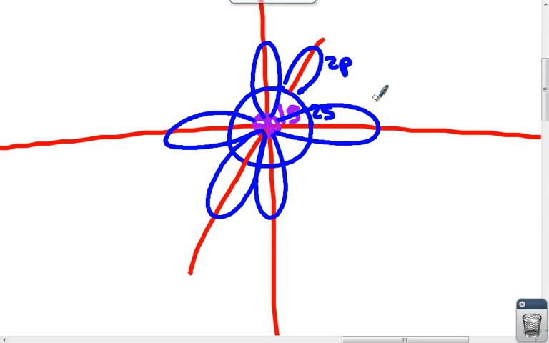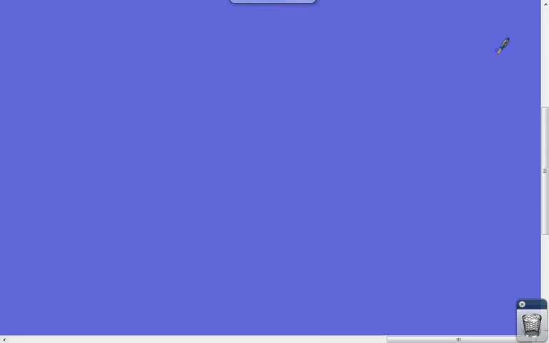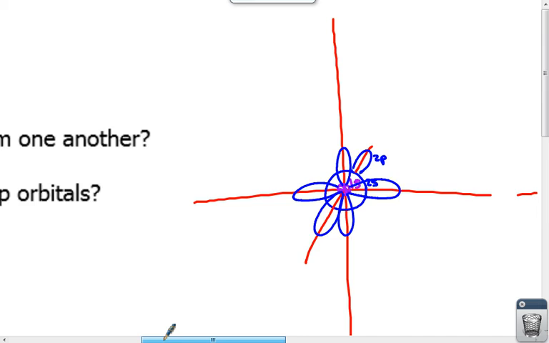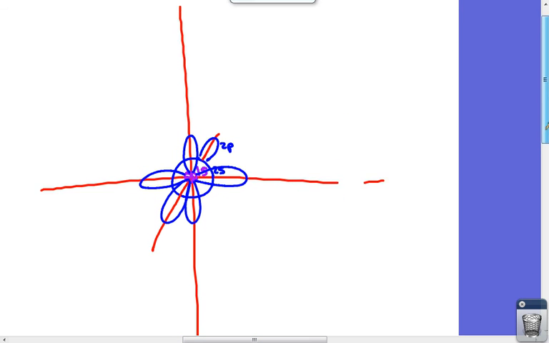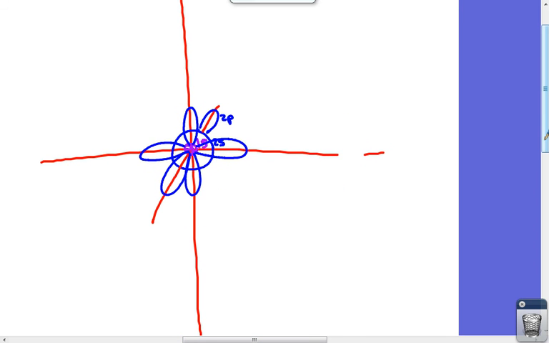Well, there's not much space in between these lobes. Let's zoom out, though. Oh, where'd it go? There it is, look! So as we zoom out, we get to the third energy level, which is a larger sphere.